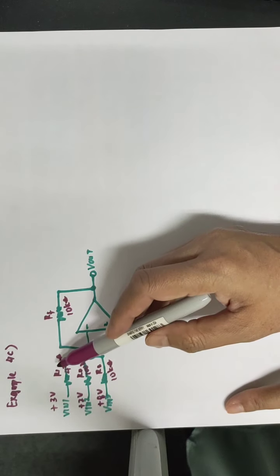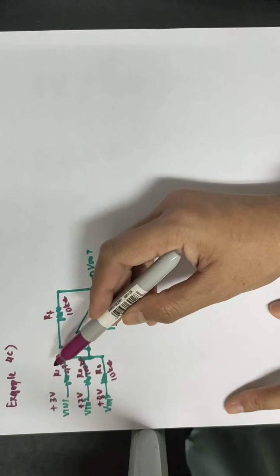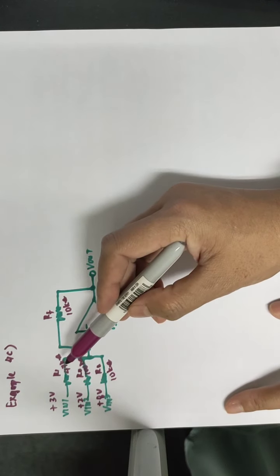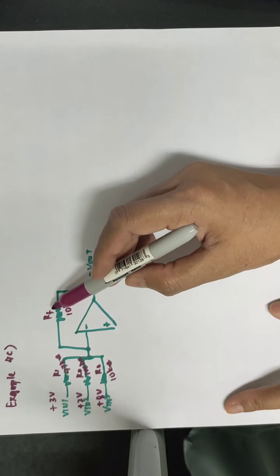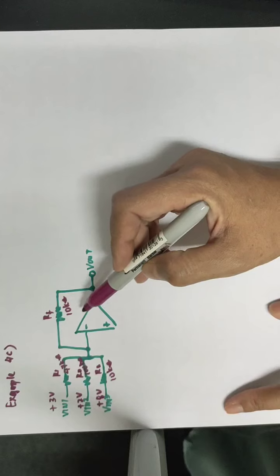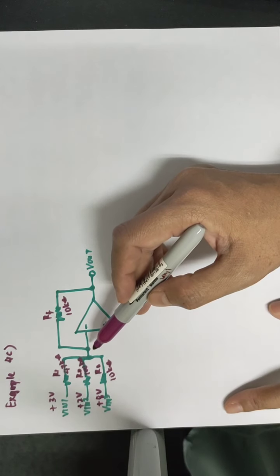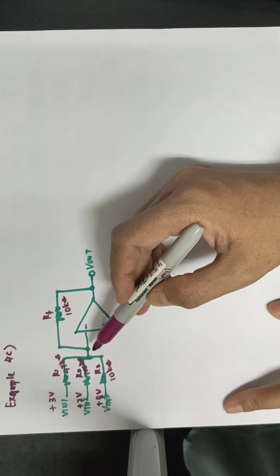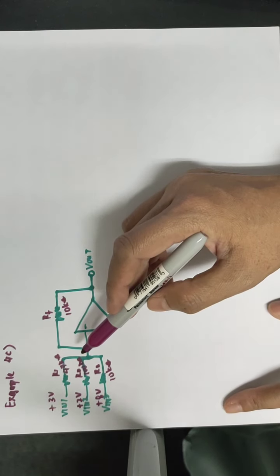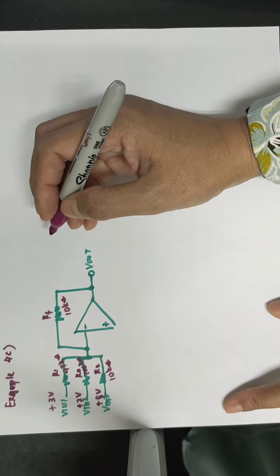If you notice, the input resistors are different values. This is the feedback resistor, 10 kilo ohm. In this case, we need to find out the weight of each input first. How to find the weight of each input?